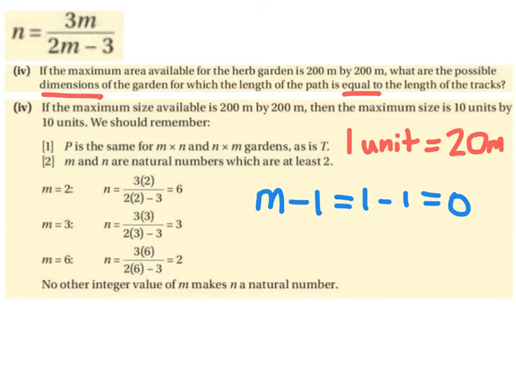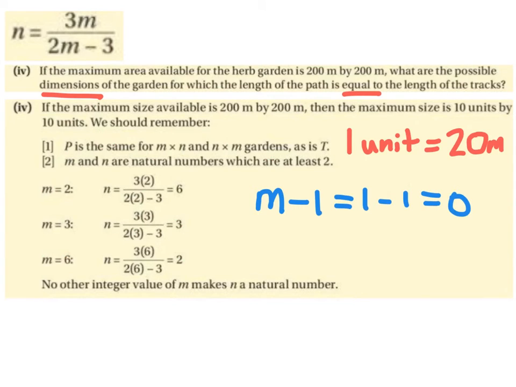If I sub in 3, I'll have 3 by 3 divided by 2 by 3 minus 3, which will give me 3. So if I have a 3 by 3 garden, then the sum of my perimeter and the sum of my tracks will also be equal. And if I sub in 6, I'll have 3 by 6 divided by 2 by 6 minus 3, which will give me 2.